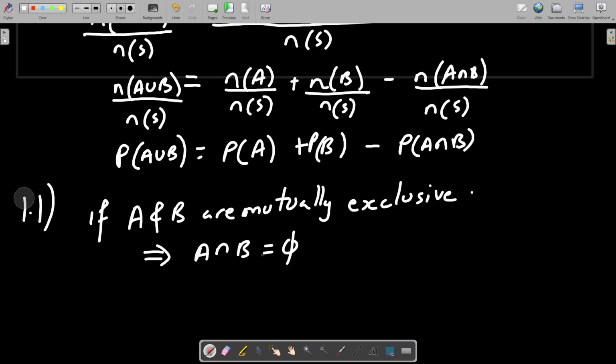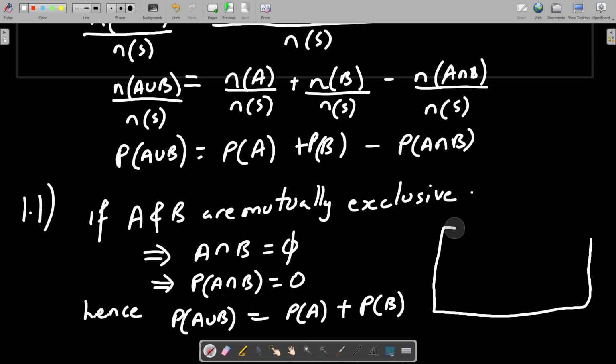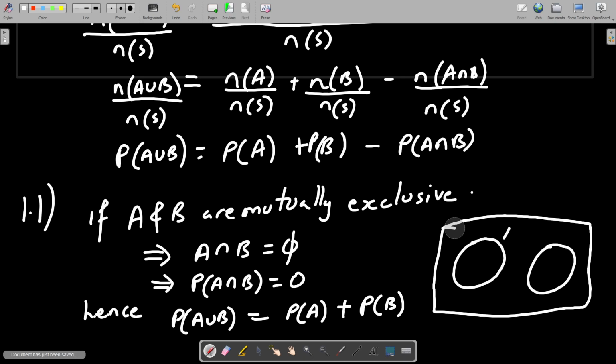If A and B are mutually exclusive, this means that A intersection B is empty. So this will imply that the probability of A intersection B is equal to 0, and hence the result follows that the probability of A union B is nothing but the probability of A plus the probability of B. For this case, the Venn diagram changes, by the way. Mutually exclusive means they have no intersection, so this will be A and B. Okay?